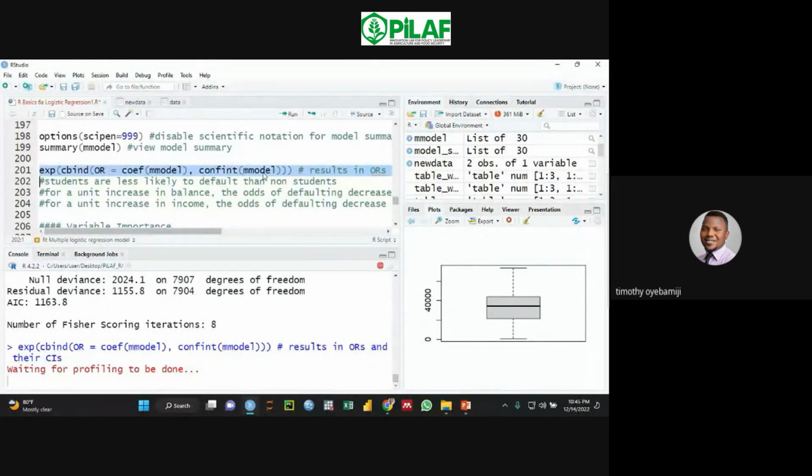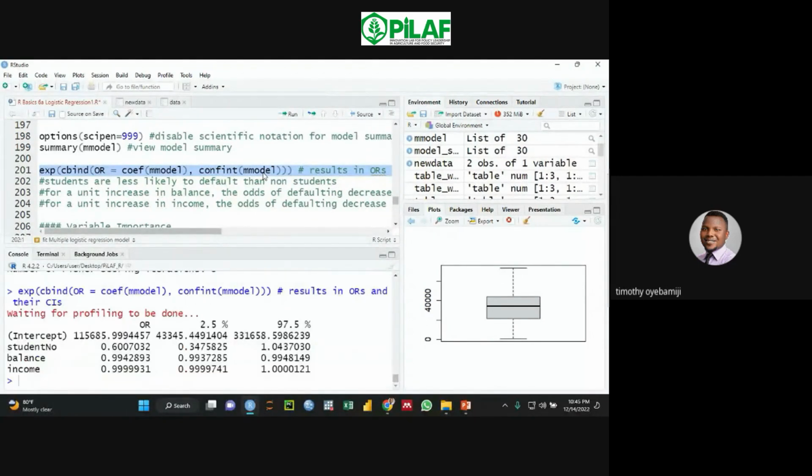Then also the confidence interval of the model. What this is going to give us is a small table that has the OR and the confidence intervals for the OR. Why do I keep calling odds ratio operation? Sorry. So for the OR, the odds ratio, we have student no.